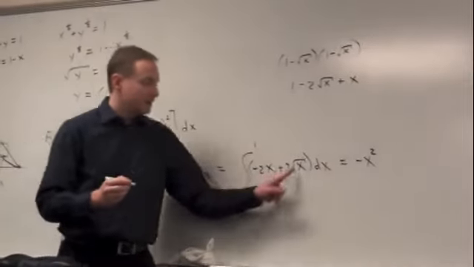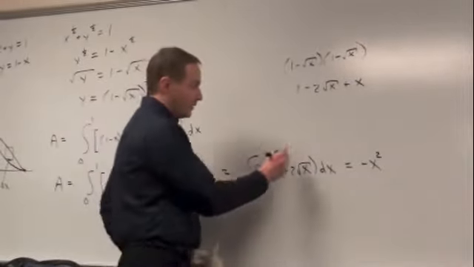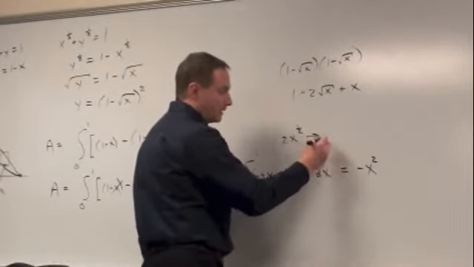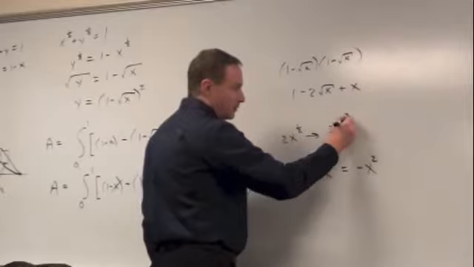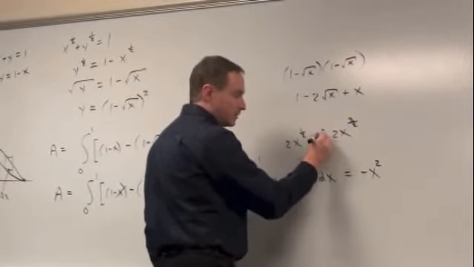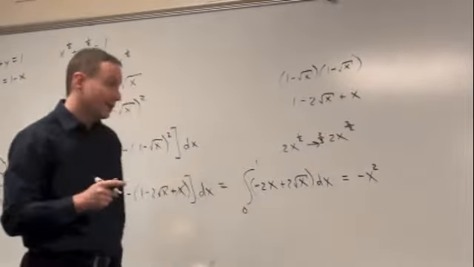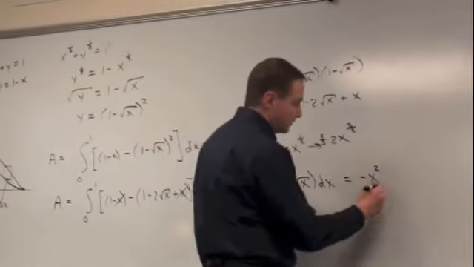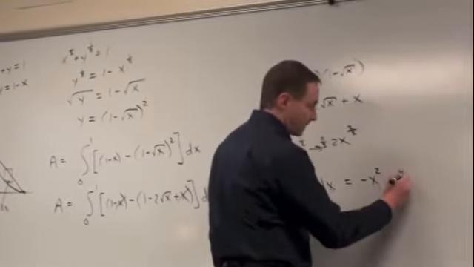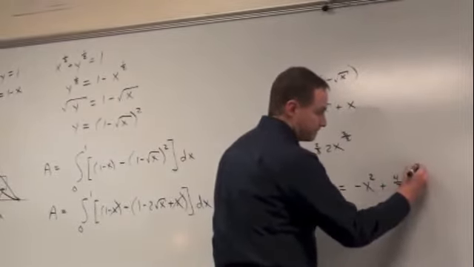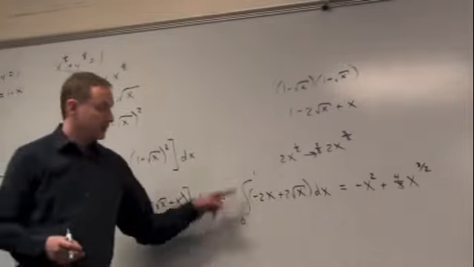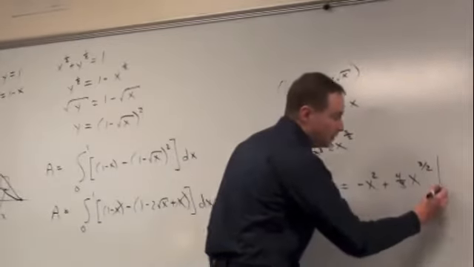And then this 2 on the root of x, we know that that's 2x to the 1/2. Whenever we integrate that, that's going to be 2x to the 3 over 2 times 2/3. So that's going to be 4/3 x to the 3/2. I'm evaluating this from 0 to 1.